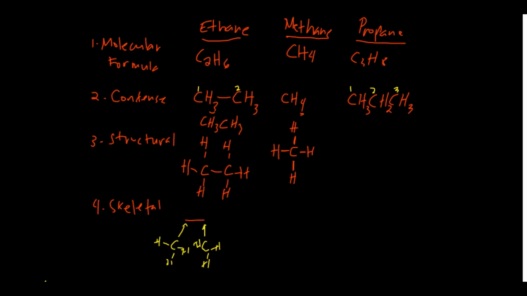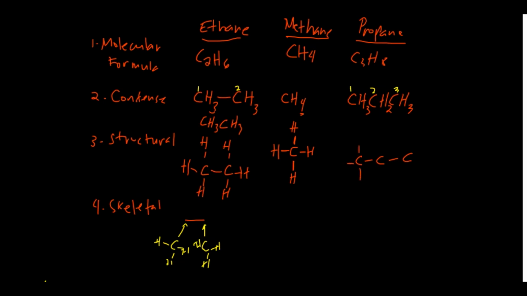Now, why is it 3, 2, 3 and not 2, 3, 3, or the other way around? Let us examine the structural way of writing propane. It should be like this: 1, 2, and 3.